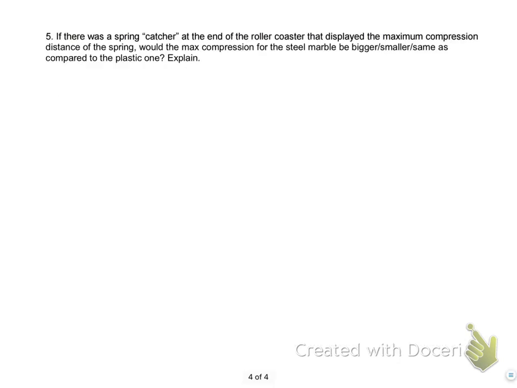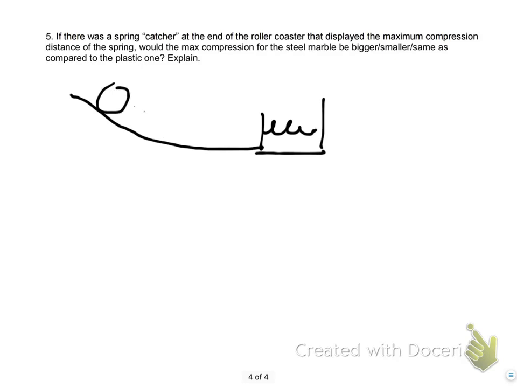If there is a spring catcher at the end of the roller coaster that displayed the maximum compression distance of the spring, would the max compression of the steel marble be bigger, smaller, or the same compared to the plastic one? So we're basically saying as it comes down off that last ramp and hits a flat part, there is a little platform attached to a spring, and when that marble comes down, it hits and obviously compresses the spring to maybe right here.